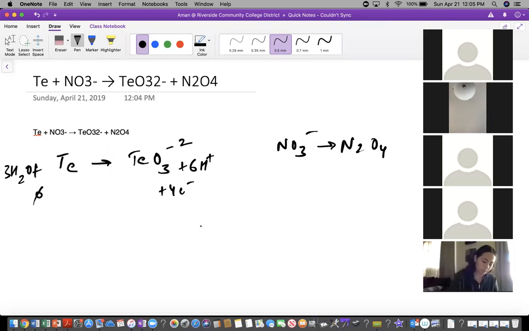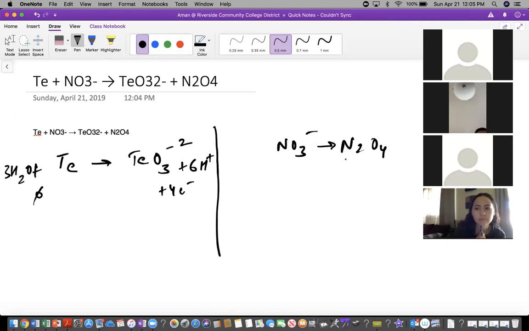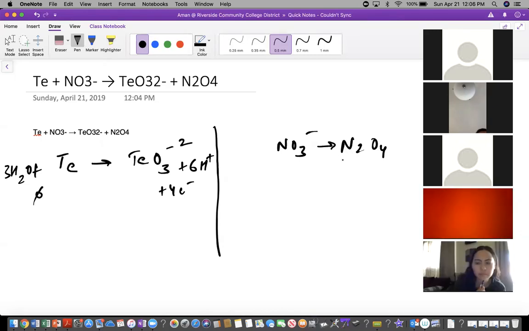But then when I got to NO3- and N2O4, I got 8 electrons on the same side, and I know that's not right. So what did you do for this half? This half, I added 1 water to the left side. Did you balance the nitrogen? Yeah, I put a 2 in front of the nitrogen. Right.